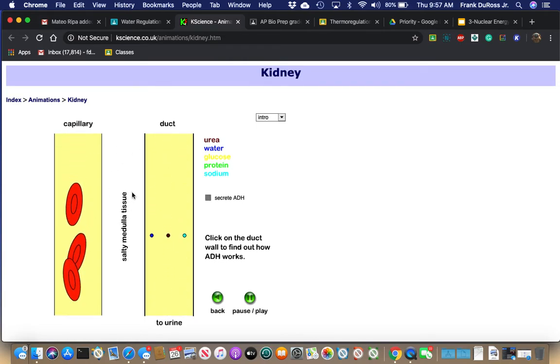The medulla tissue we just looked at is high in sodium, and then we have a capillary here. We also can see what happens when the hormone ADH, antidiuretic hormone, is released. It has an impact on these tissues, causing water to be taken into the blood, increasing the amount of water in the blood.